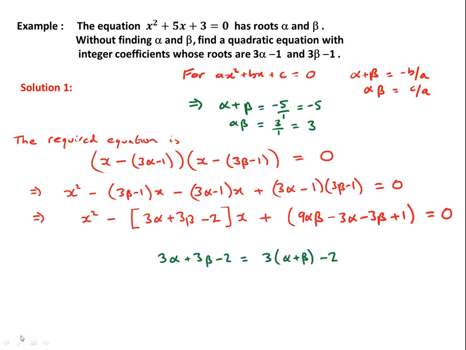Now, 3 alpha plus 3 beta minus 2 is the same thing as 3 lots of (alpha plus beta), take away 2. I know that alpha plus beta is minus 5. So that's 3 lots of minus 5, take away 2, which is minus 17.